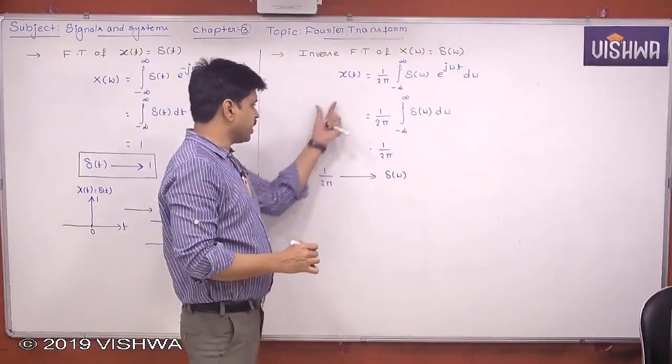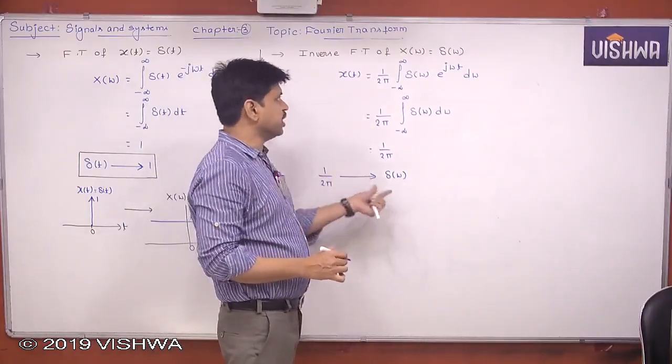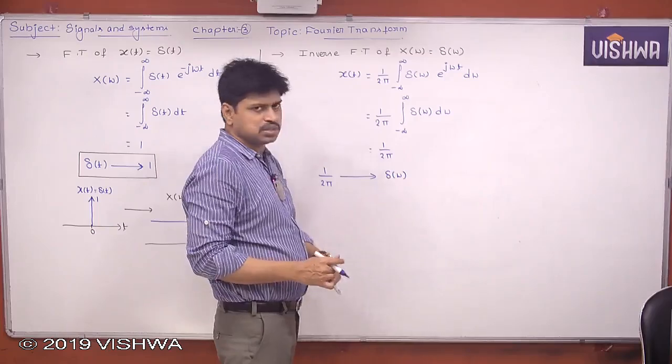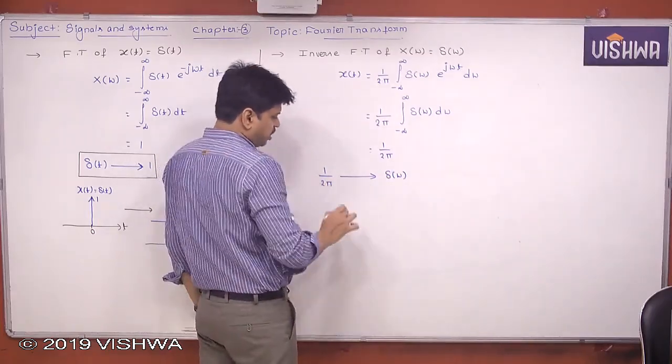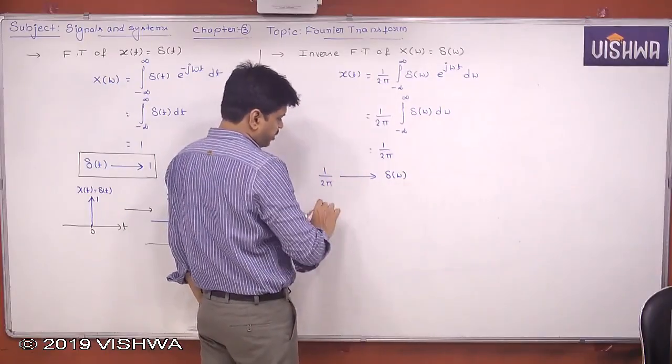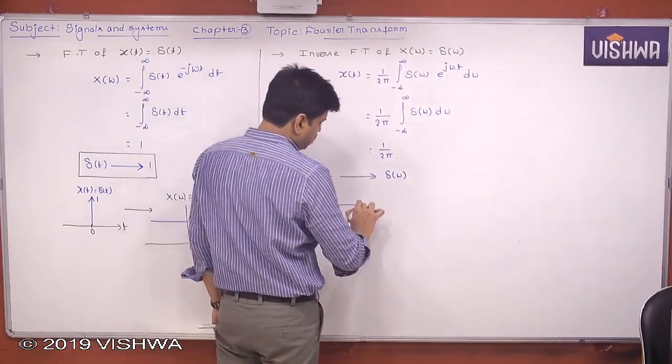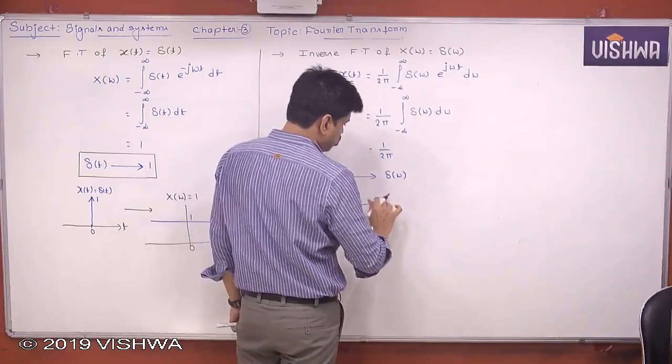So if the time domain x of t is equal to 1 by 2 pi, then the Fourier transform for this is delta omega. If I multiply both sides by 2 pi, then 1 has the Fourier transform 2 pi delta omega.